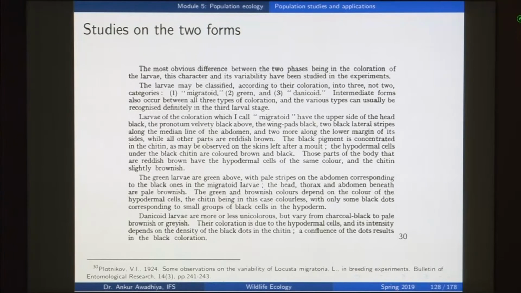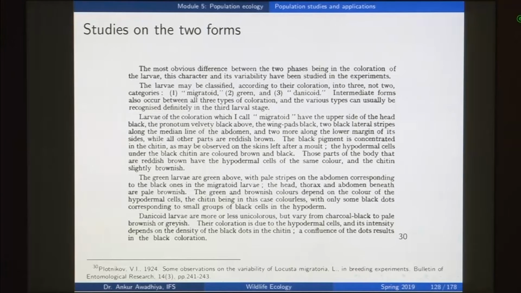We do not see these dark colored animals for 15-20 years, and then they come up again in a jiffy. But then when people started doing the population studies, we have this person by the name of Plotnikov, and he started looking at these two different forms, and he started looking at the larvae of these.